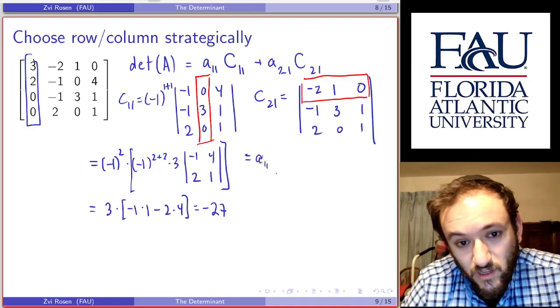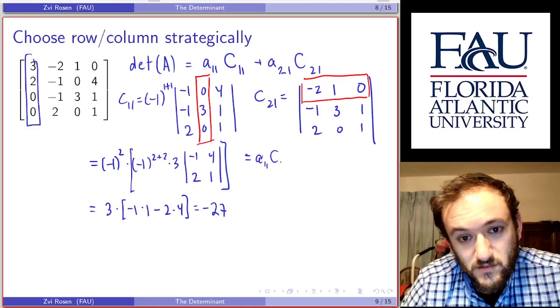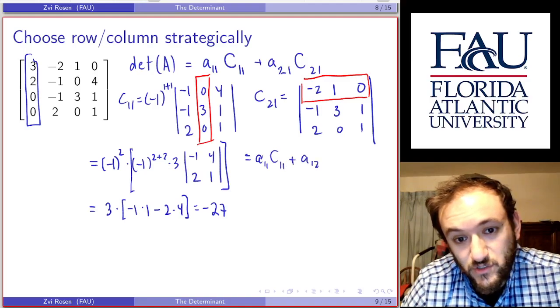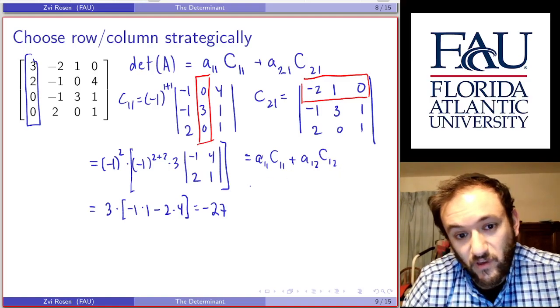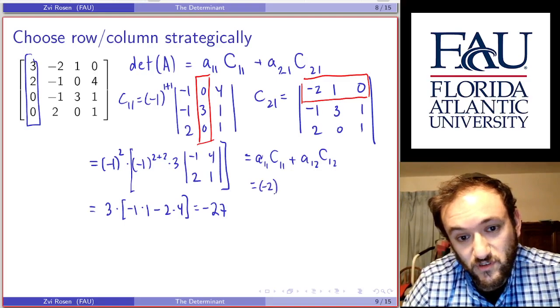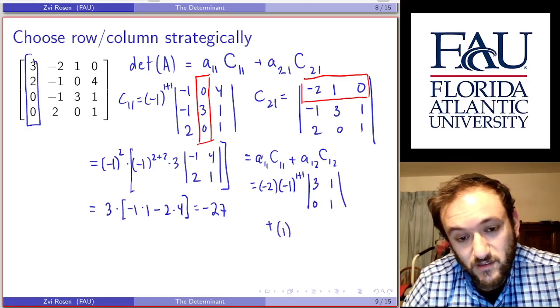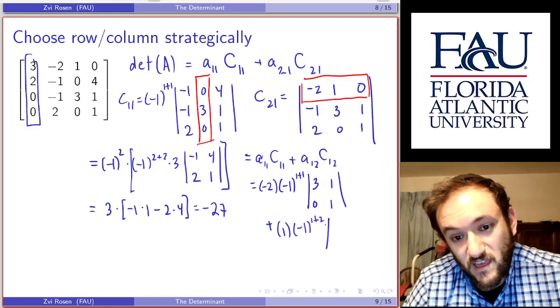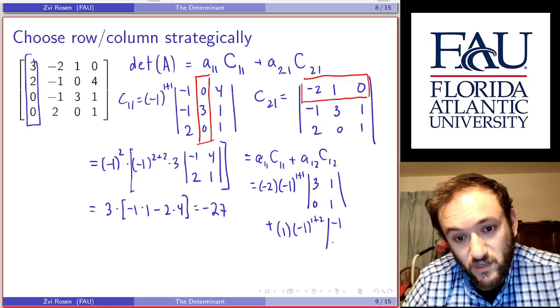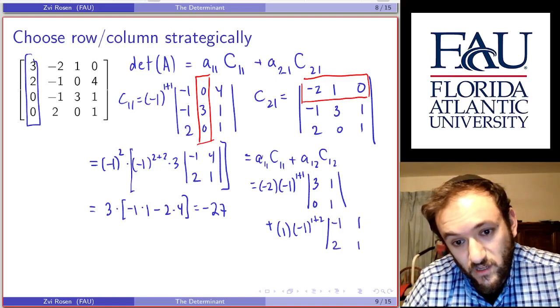This is A11 C11 plus A12 times C12, which is negative 2 times negative 1 to the 1 plus 1 times the determinant 3 1 0 1, plus 1 times negative 1 to the 1 plus 2 times negative 1, 2, 1, 1.